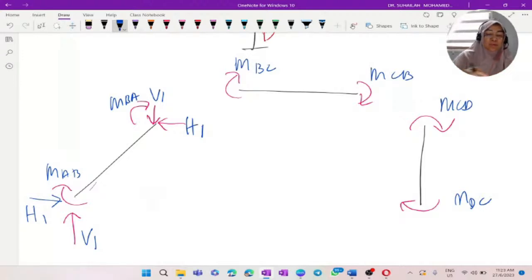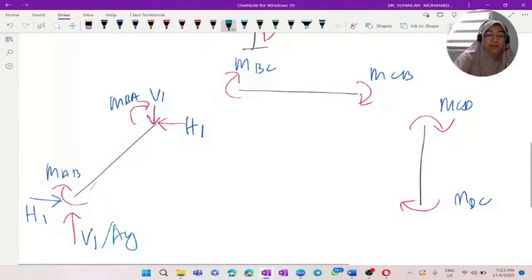This is the free body diagram for member AB.